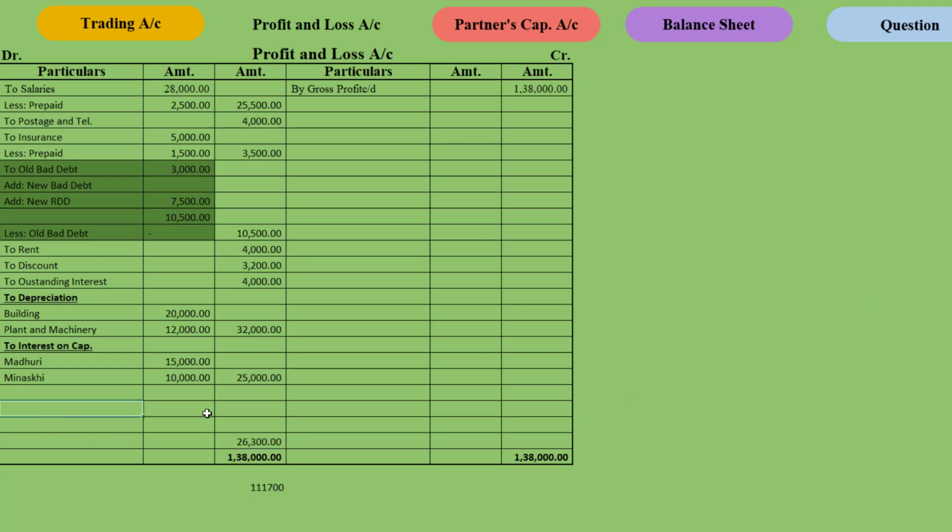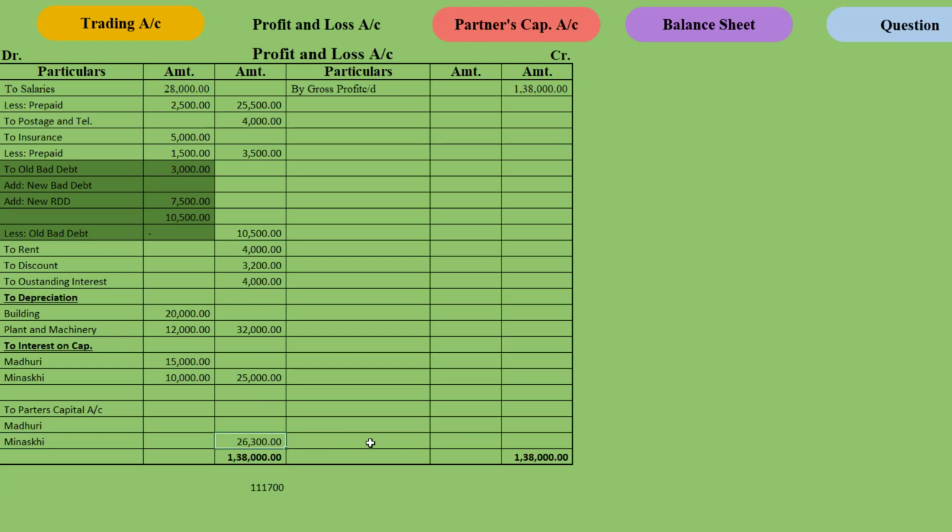So it will be recorded like this: to partners capital account, Madhuri, Meenakshi.